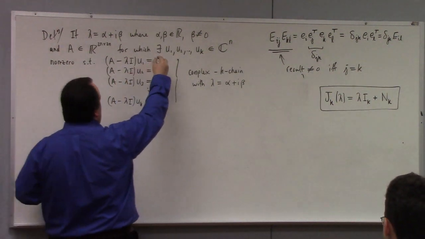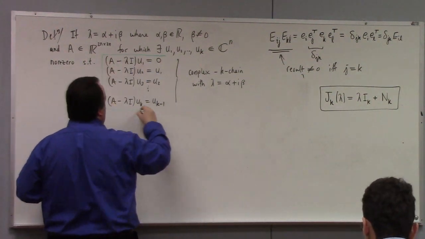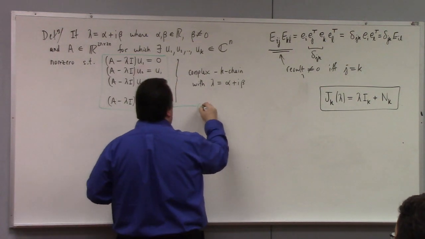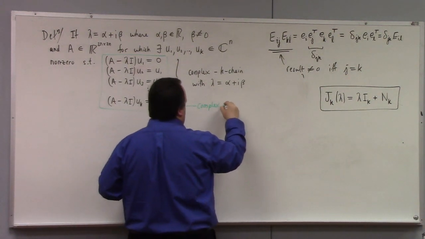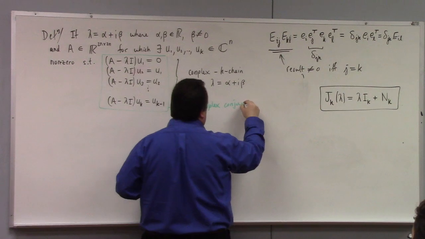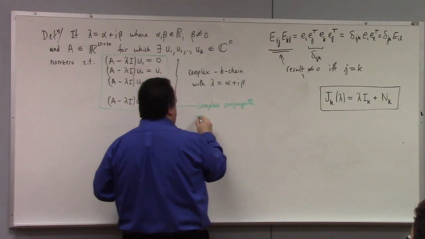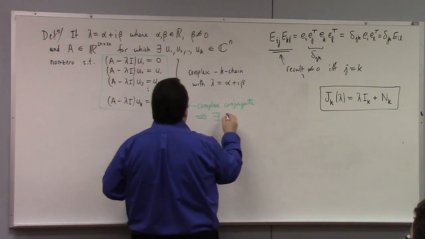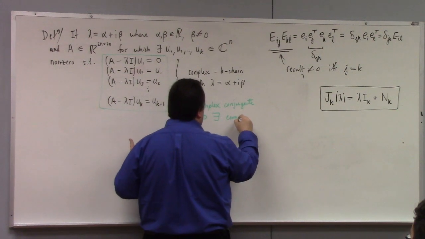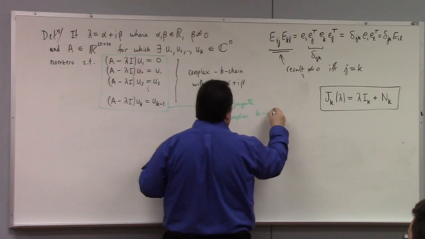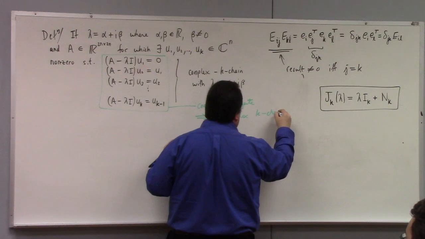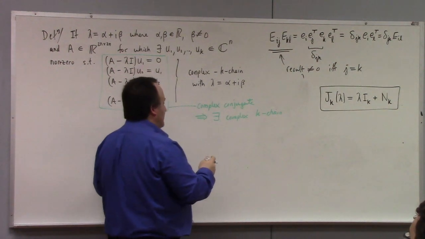If we just take this mess right here, complex conjugate, what do we see? Tells us that there exists a complex k-chain.